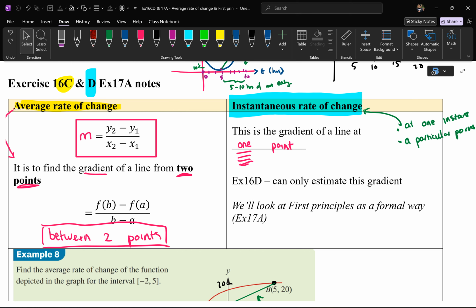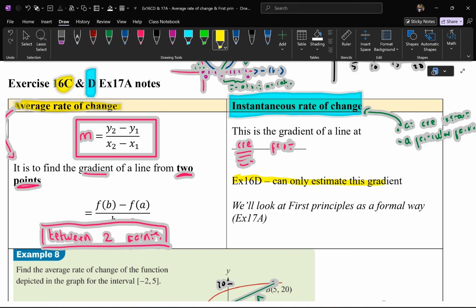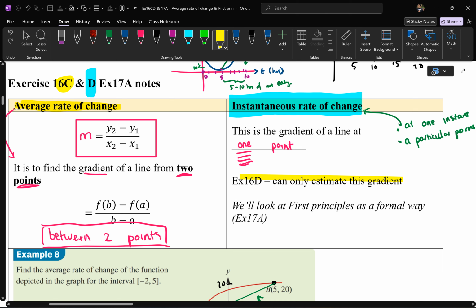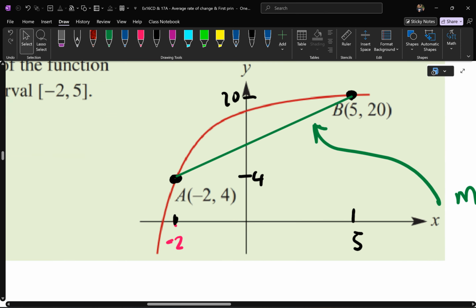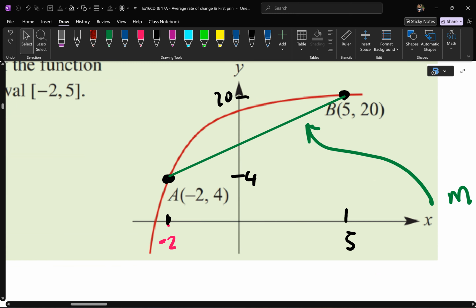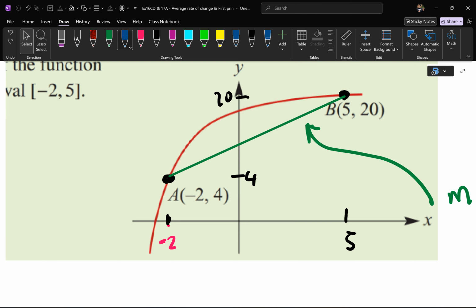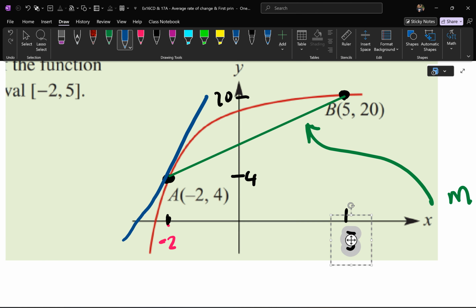Okay, so what are we saying? So 16D, you can only estimate the gradient at the moment because you haven't learnt the theory of calculus yet. What we're saying is, in this graph, hypothetically, this is average rate of change. Instantaneous rate of change is asking this. At this particular point, sorry, let me do it again.